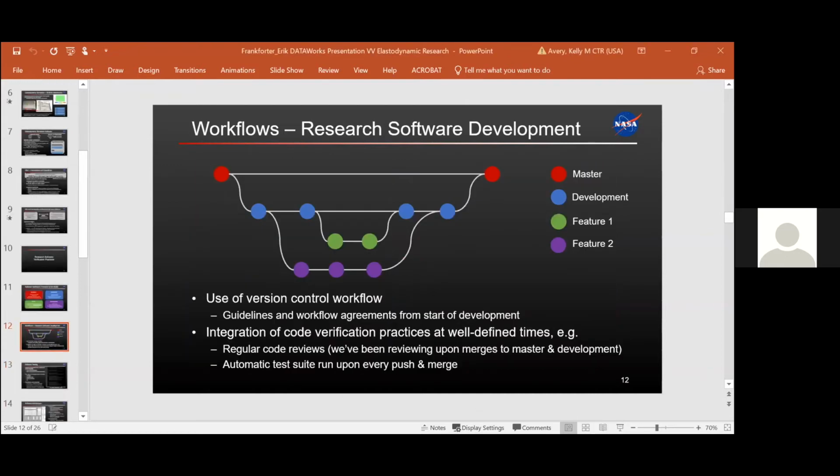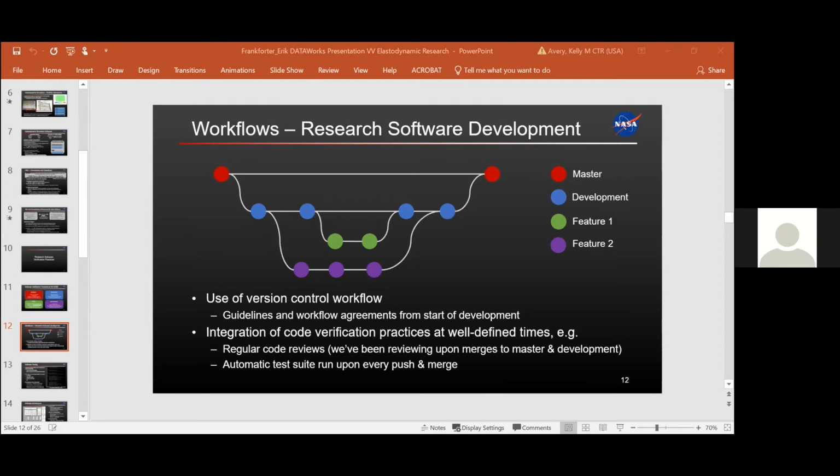So here I have just a simple Git workflow in terms of the feature branch model. So typically you go from a master branch when you go to a development branch. When you go back from development to master, you call that a version number increment. And then if you need to develop something, you spawn off a feature branch. And we find that you write tests as you develop your features.